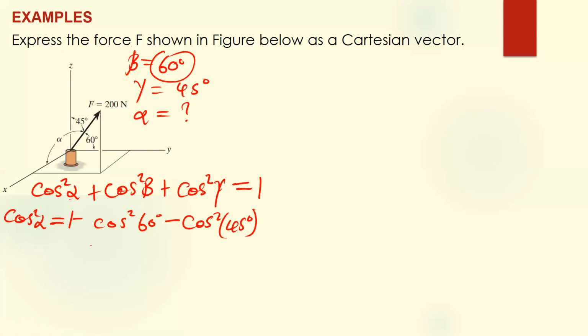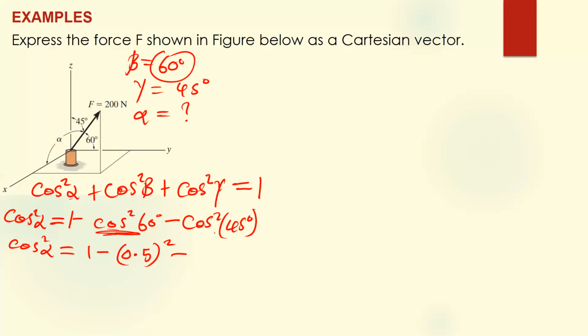So once we have this, it's now easy for us to find the answer. We have cos squared alpha being equal to 1 minus cos 60 squared. What is cos 60? Cos 60 is simply just 0.5, so this is 0.5 squared. Then we have cos 45.